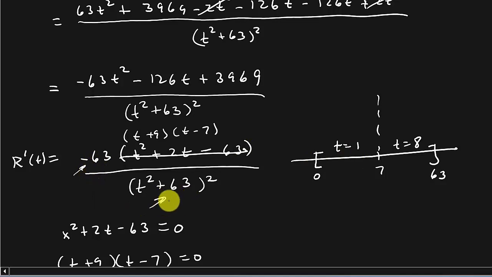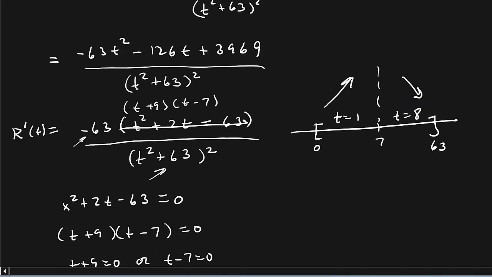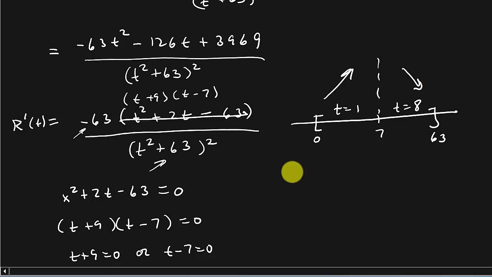The denominator is always positive. If I plug the 1 in, that's a positive, that's a negative, so a negative and a negative is a positive, and that's a positive, so that's increasing. If I plug the 8 in, that's positive, positive, positive, but this is a negative out here, so that'll make it negative. And so you can see I have a maximum when t equals 7.